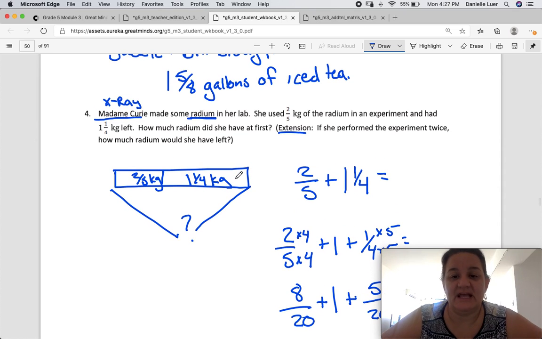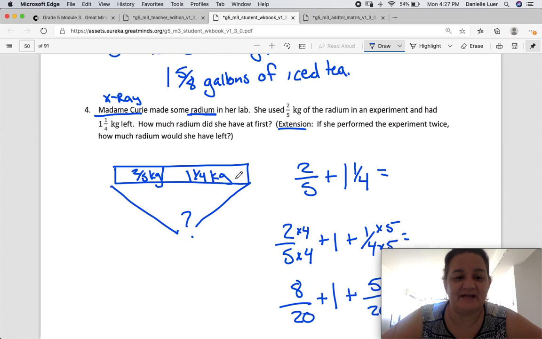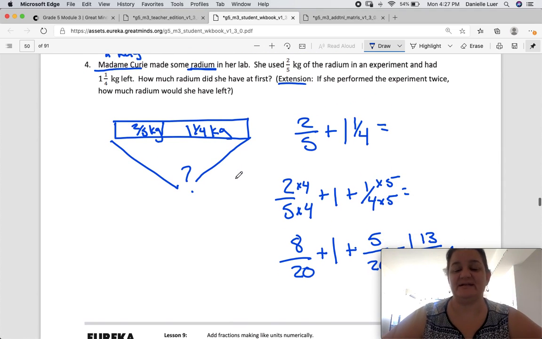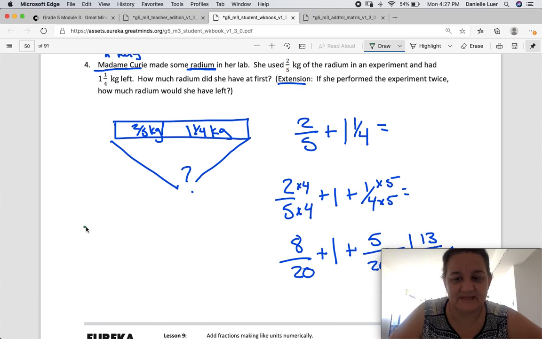Okay. If she performed the experiment twice, how much radium would she have left? Okay, that's our extension. Let's do that one too. I'm going to switch to green. If she performed the experiment twice, how much radium would she have left?